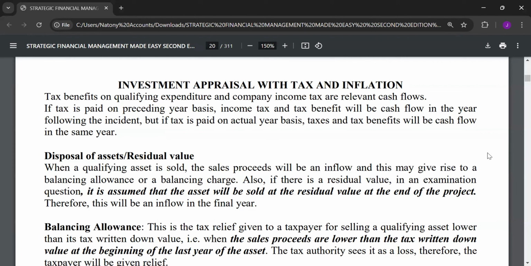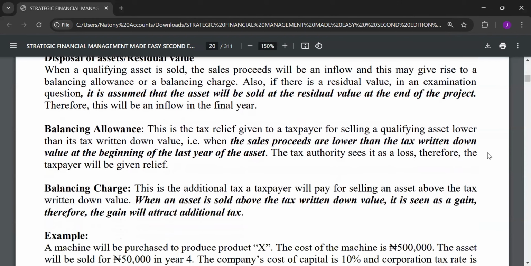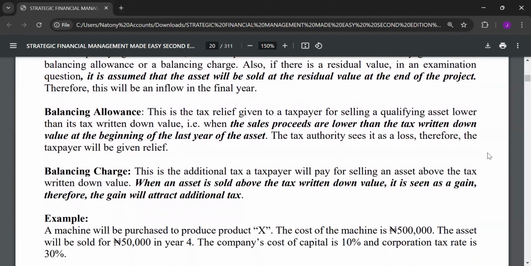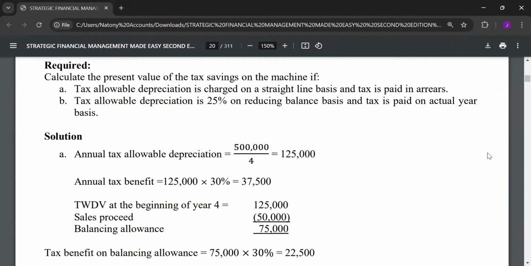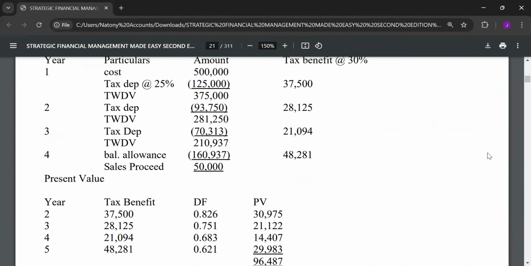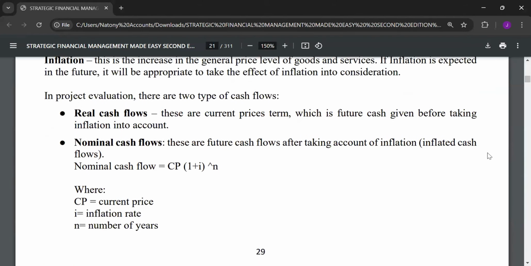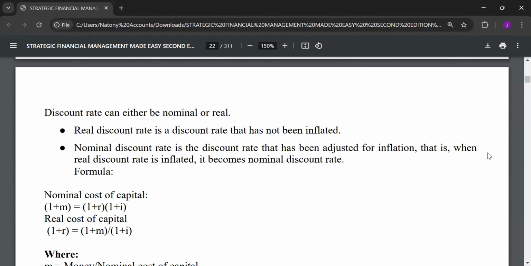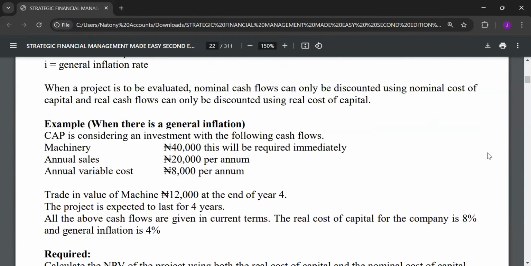But if there are no profits, then depending on the way the question is set, the company may have some reliefs relating to the capital allowance. Those reliefs will be carried forward to a year where there will be profits. So these are the real cash flow, nominal cash flow, money cash flow.